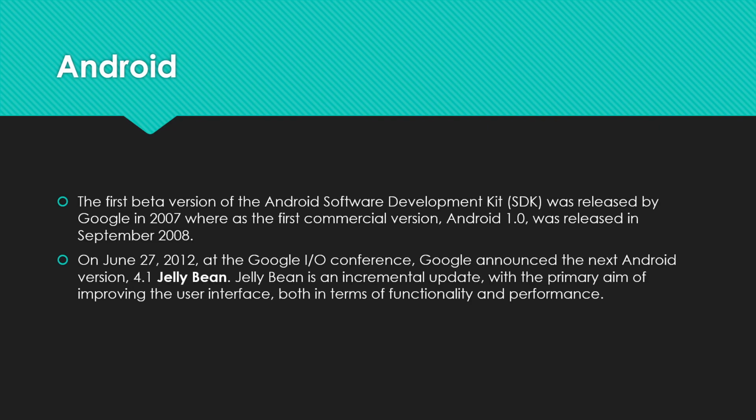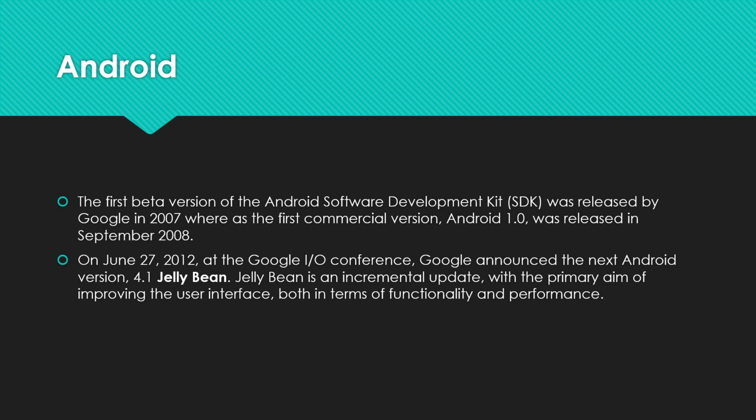The first beta of the Android SDK was released by Google in 2007, and its first commercial version is Android 1.0, which was released in September 2008. And then during the Google I/O conference, Google announced the next Android version, which is 4.1 Jelly Bean.